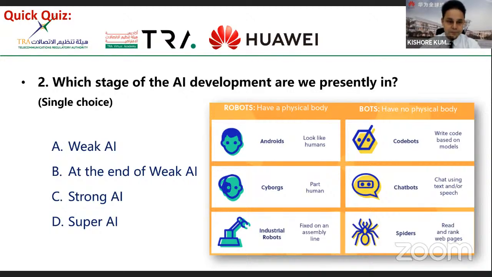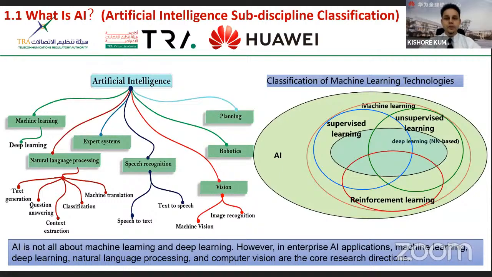That is the difference. All right, here I'd like to mention these different areas of artificial intelligence. Artificial intelligence is a huge topic, right? And now there are many subsectors or subfields of it. From the picture on the left, as you can see, you can think of artificial intelligence as having different sectors of machine learning, planning, robotics, computer vision, speech recognition, expert systems, natural language processing, and so many things.